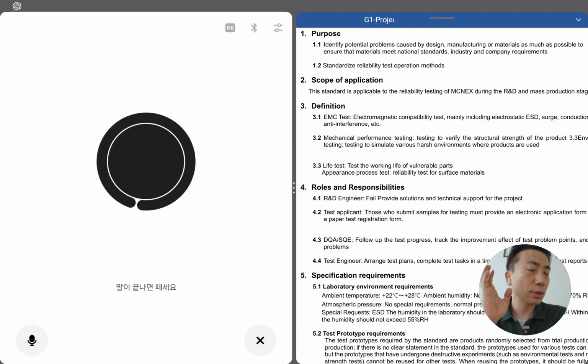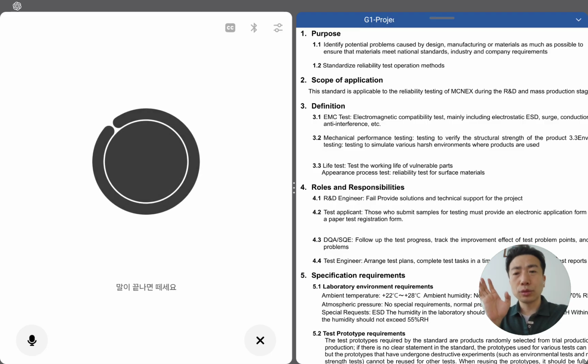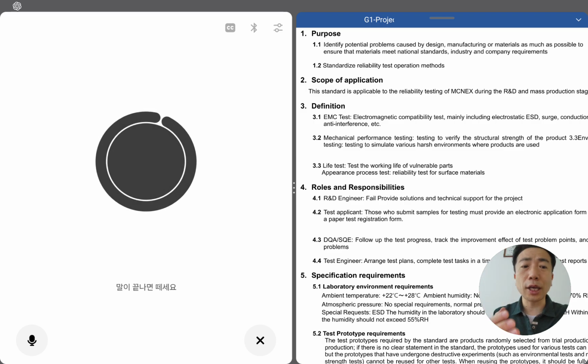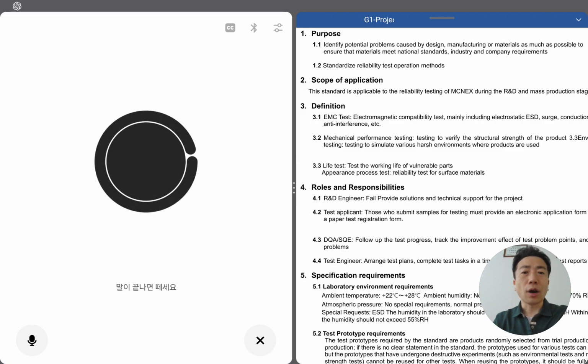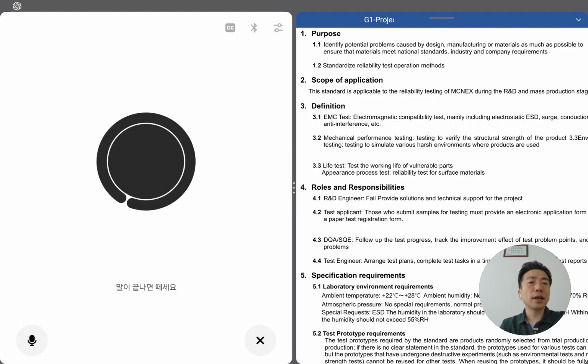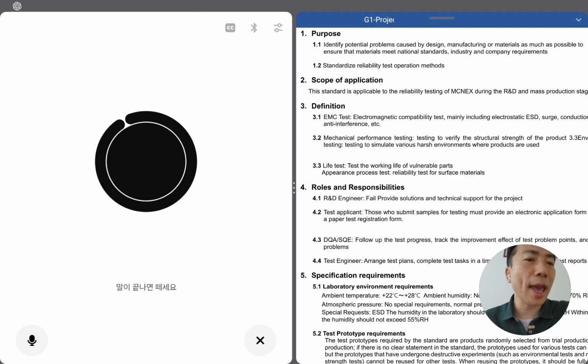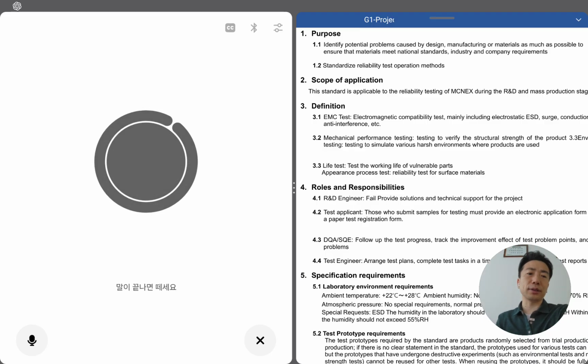If I had to write this document, I would use: appearance test means reliability test for texture and finish of materials.